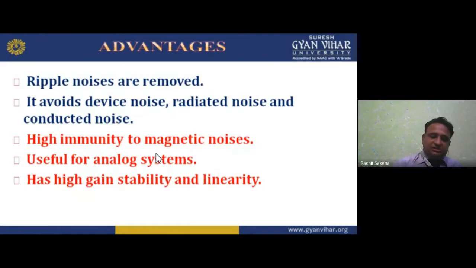Now the advantages. In this, ripple noises are removed, meaning the unwanted signals we don't want are not there. It avoids device noise, radiated noise, which radiates from it, and conducted noise, from the conduction process.